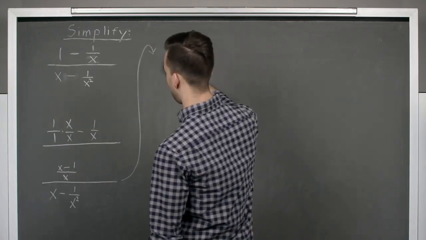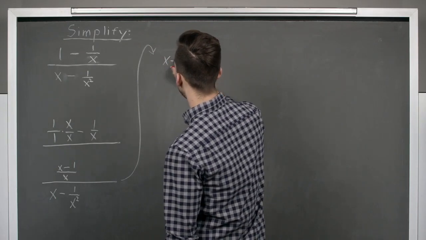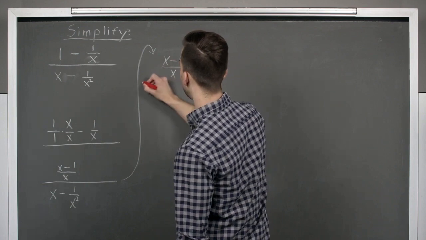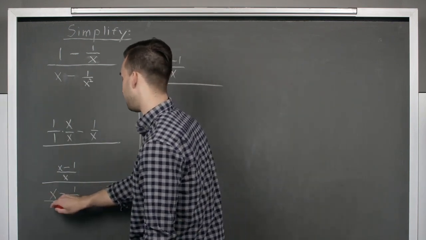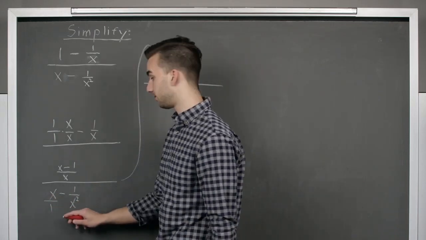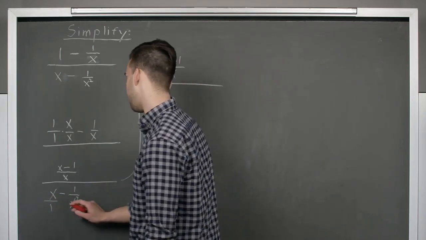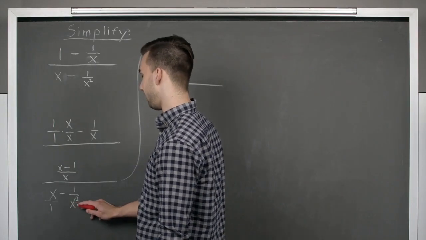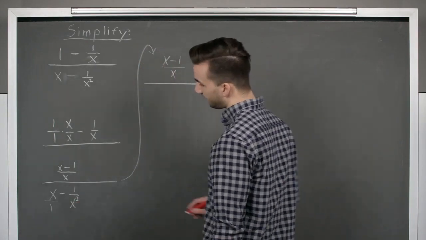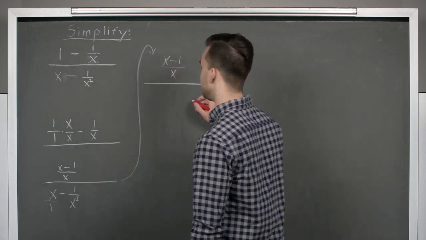So we have our top, x minus 1 over x, over our bottom. So what's our common denominator here? The least common multiple, least common denominator, the highest exponent of each unique factor. So we have 1 and we have x squared. So our least common denominator is going to be x squared.